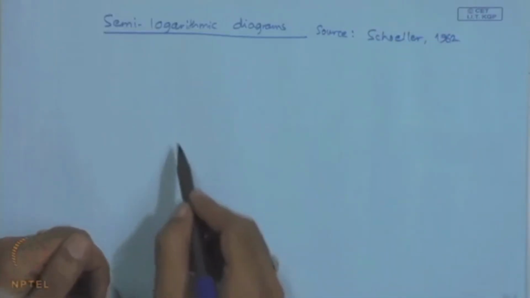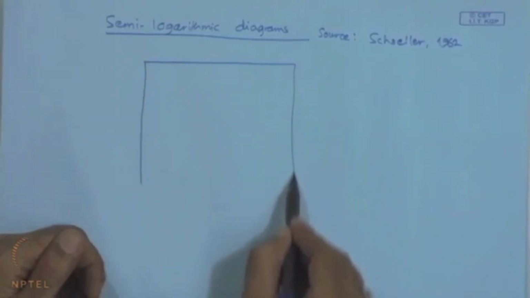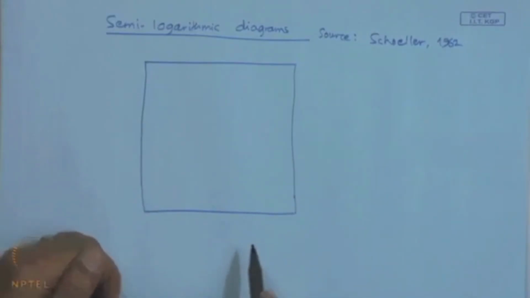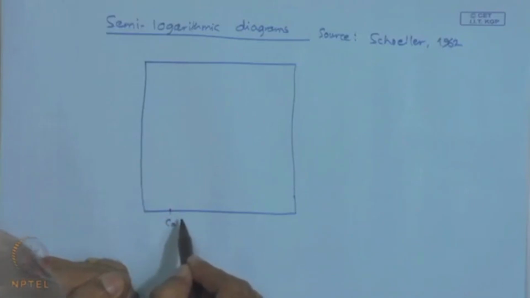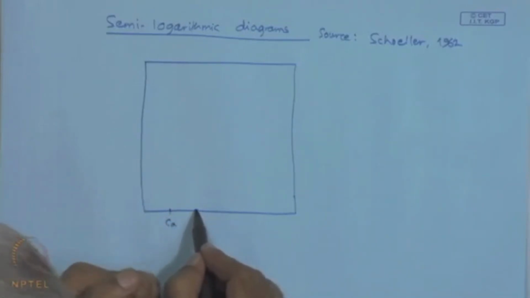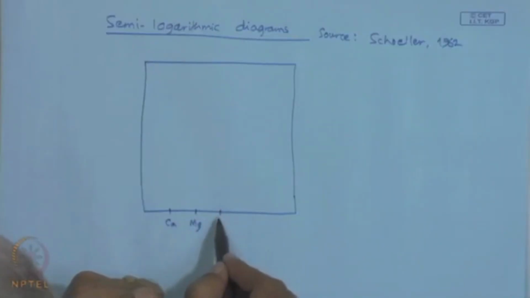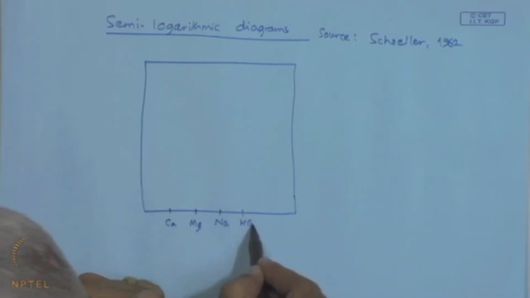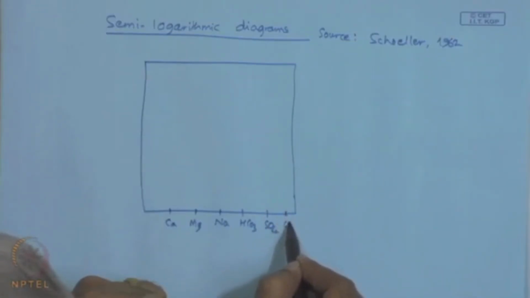Essentially, there are lines corresponding to each of the ions, like calcium, magnesium, then sodium, then bicarbonate, sulfate, and then chloride.